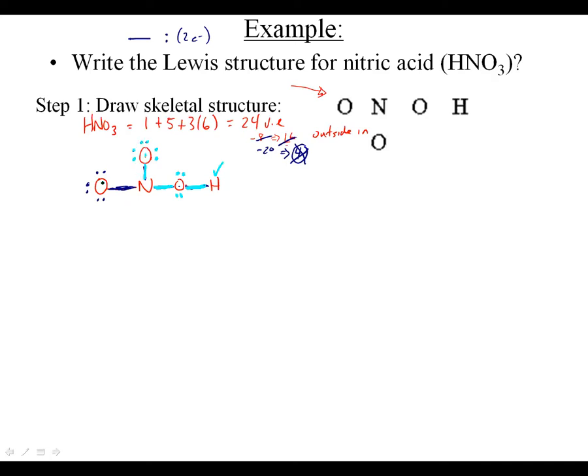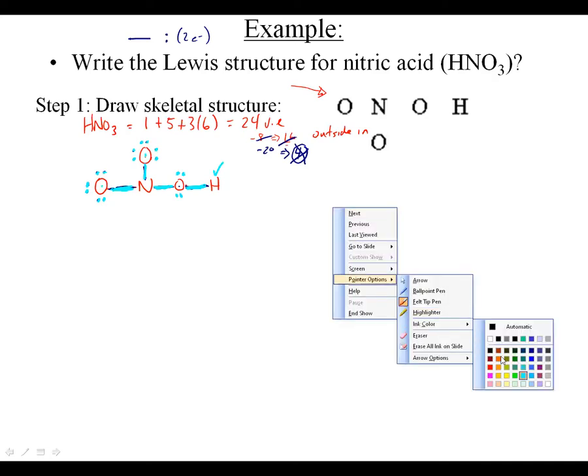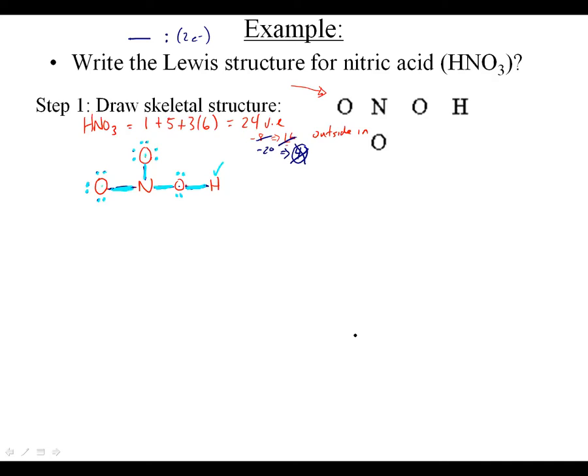And this oxygen on the left-hand side here has 2, 4, 6, and 8. But now when we look at the nitrogen in the middle, it has 2, 4, 6. So the nitrogen here only has 6, and does not meet the octet rule.